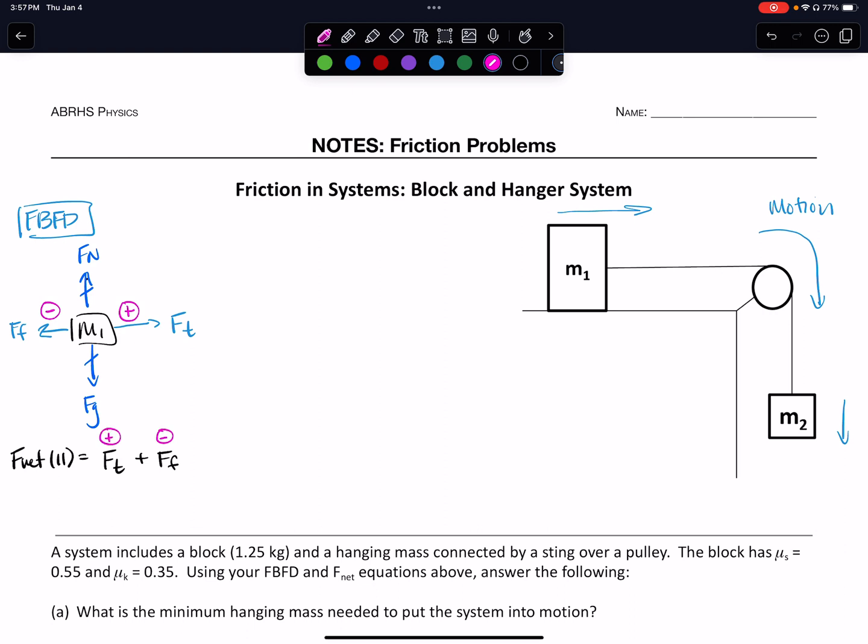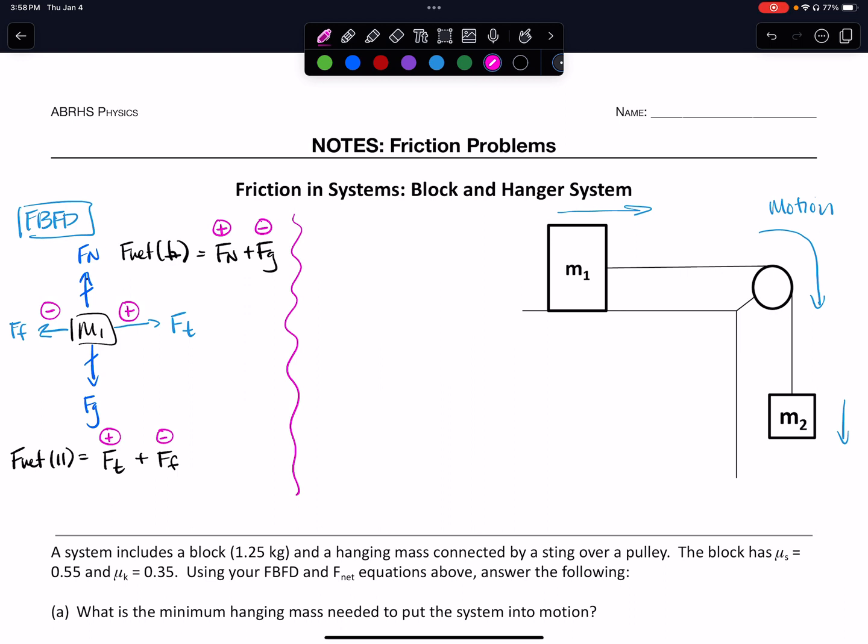For my perpendicular motion, that net force is going to be the normal force and then the gravitational force. Again, the way I've drawn my free body force diagram, my normal force will be positive because it points up, and my gravitational force will be negative. So that is the block.